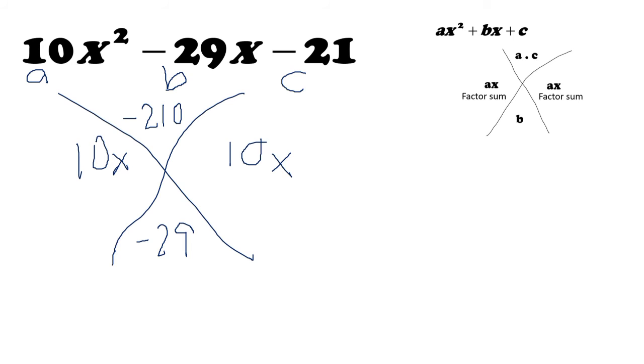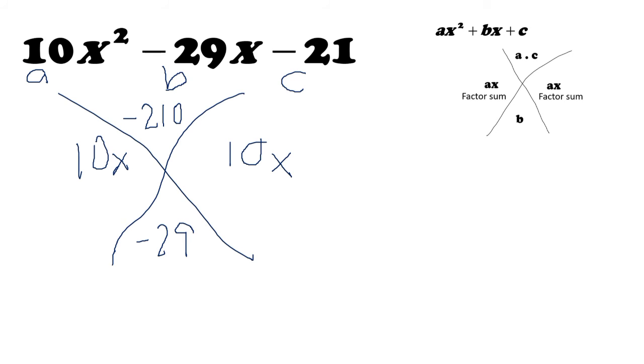Okay, take note that we have a product of negative 210. So now we have to look for the factors of negative 210. If that would be the case, one of the factors should be negative. So it could be the first factor that is negative, followed by the second factor being positive, or the other way around, positive and negative.